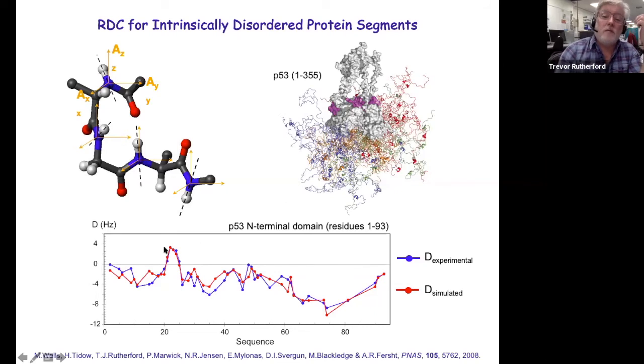But when we run the RDCs on this, we can see that the experimental data in blue only fits the simulated data when the simulation includes a single turn of alpha helix at one of the known binding recognition sites, and it also contains about 22% polyproline helix in the rigidified C-terminal end of this extension. So it gives us a good handle on how the molecule is behaving in a complex situation.